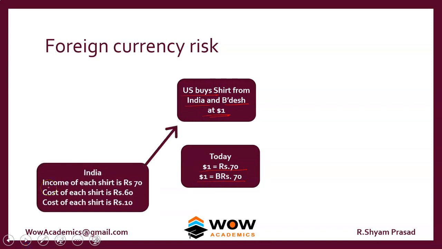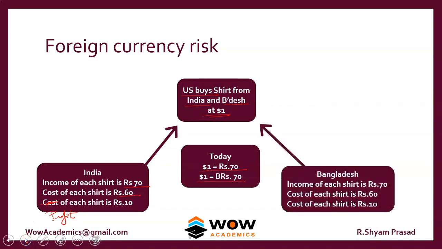So India, what they do is for every shirt they sell, okay, as the parity is 70, their each shirt takes a cost of 60 rupees and they incur a profit of 10 rupees per shirt. In the same way, the Bangladesh company also is selling each shirt at $1, so they also get 70 rupees. The cost of manufacturing the shirt is 60 and their profit is 10.